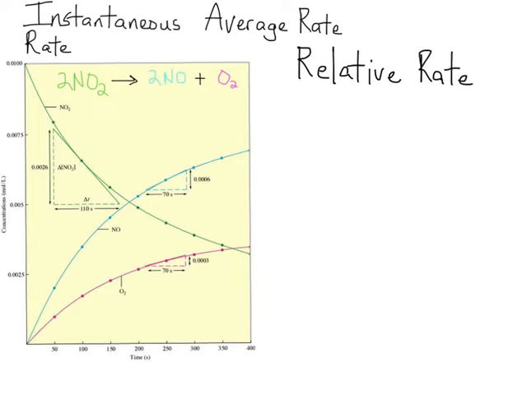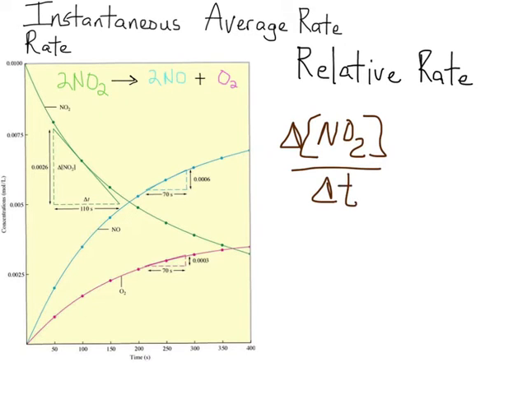I'm going to write out a statement here that shows the average rate of change of NO2 over time. Now the question is, how do I equate that to, say, the average rate for the change in the concentration of NO over time?